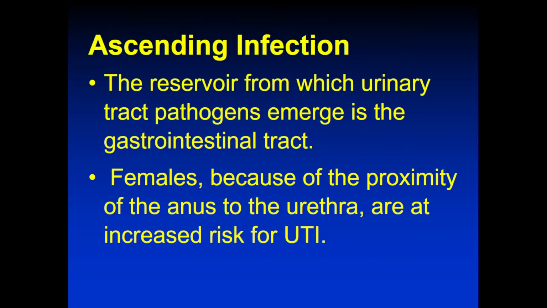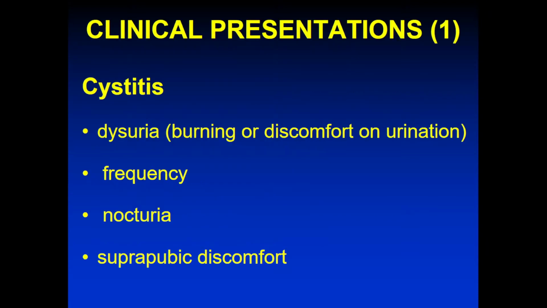Ascending infection. The reservoir from which urinary tract pathogens emerge is the gastrointestinal tract. And females, because of the proximity of the anus to the urethra, are at increased risk for urinary tract infection.